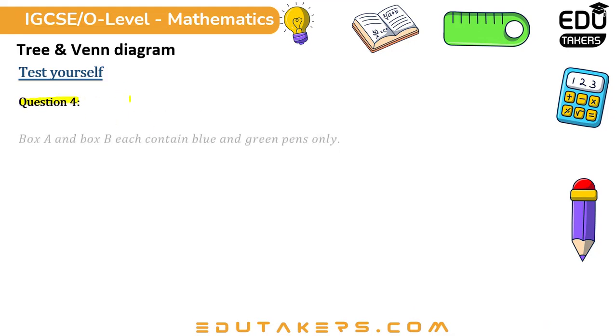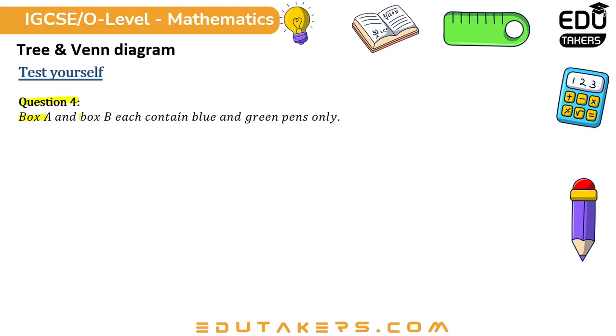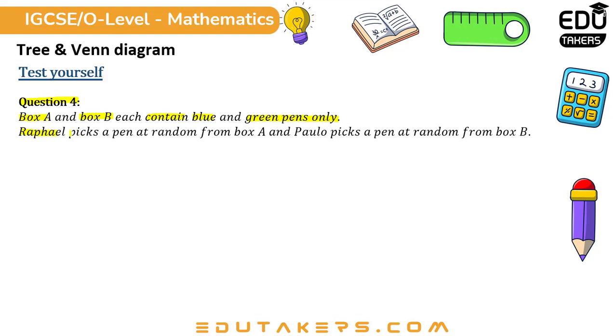Question number 4. Box A and box B each contain blue and green pens only. Raphael picks a pen at random from box A and Paulo picks a pen at random from box B. The probability that Raphael picks a blue pen is 2/3.